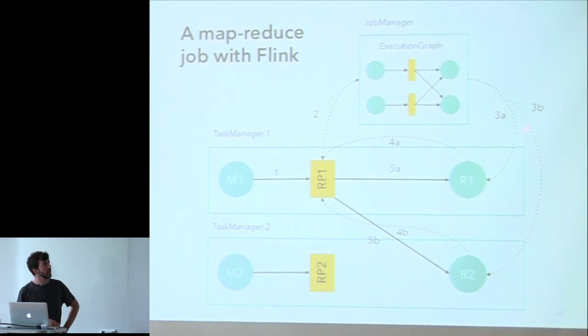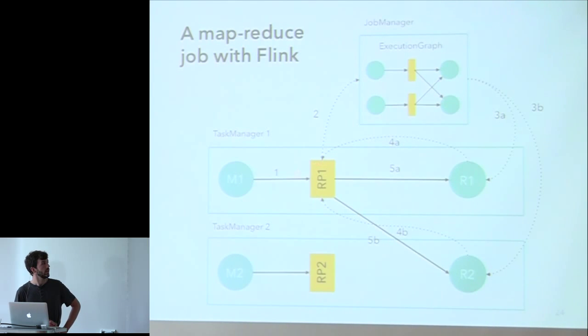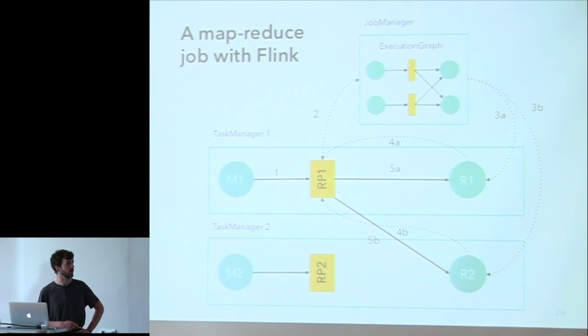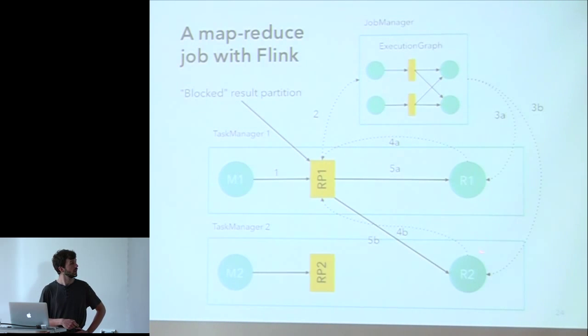And the job manager will then proceed and tell the next operator to come up, or tell it to fetch the data, and the operator will get the data either locally from this result partition, that's what we call the partial results, or via the network, for example. Right, here it goes over the network.